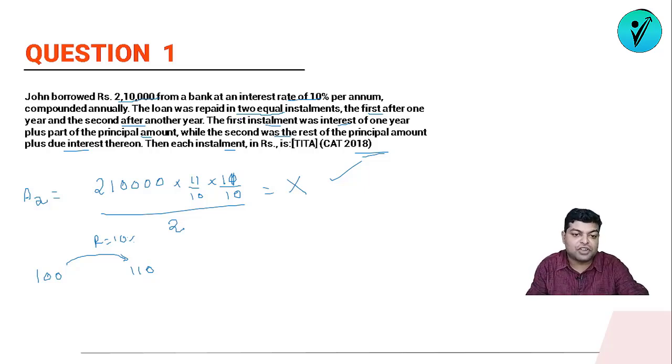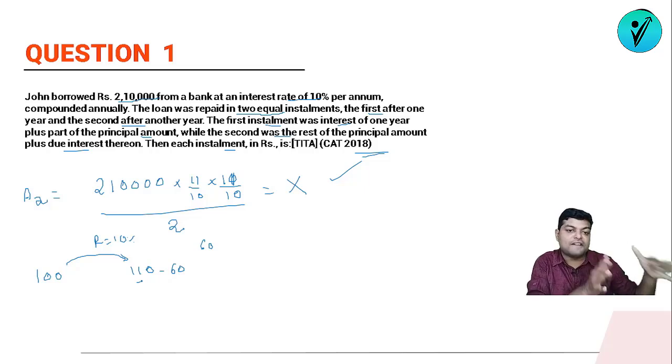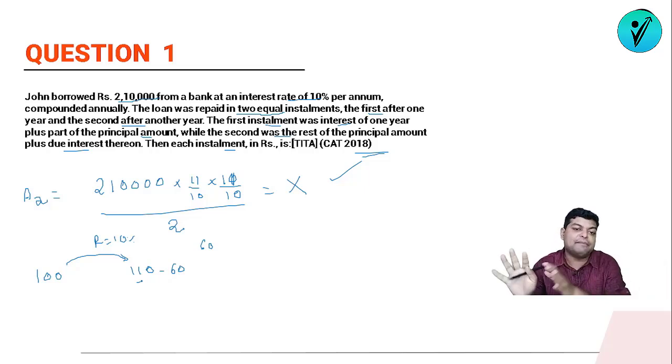So the first installment will be paid in the first year itself. Suppose I have paid 60 rupees as the first installment. Even though the outstanding loan was 110, from this we need to subtract 60. We took a loan of 100 rupees, after the year it became 110, but since we are repaying 60 rupees, what will be the net outstanding value?